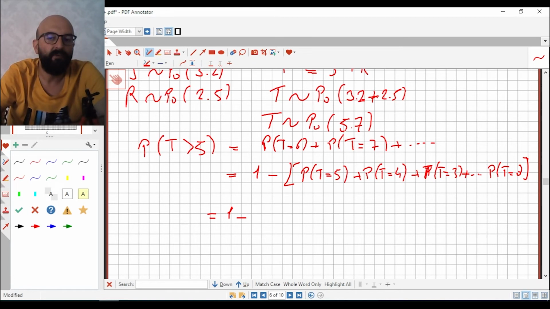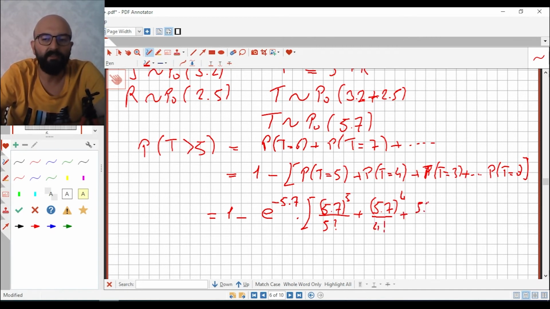Our lambda is 5.7, so e to the minus lambda times lambda to the r over r factorial: 5.7 to the 5 over 5 factorial, plus lambda to the 3 over 3 factorial, and lambda to the 2 over 2 factorial, and then lambda to the 0 over 0 factorial.